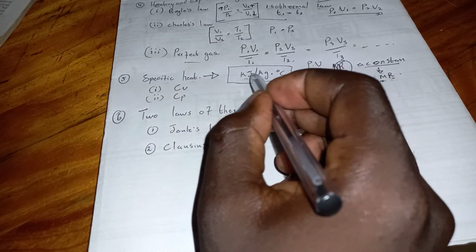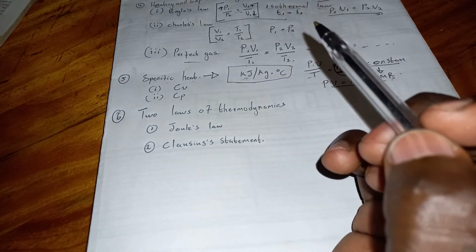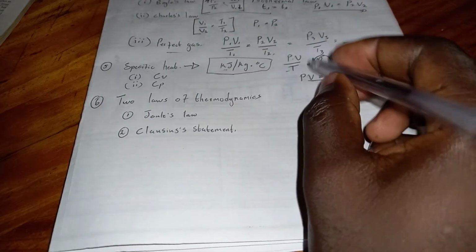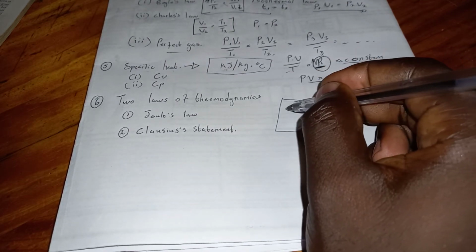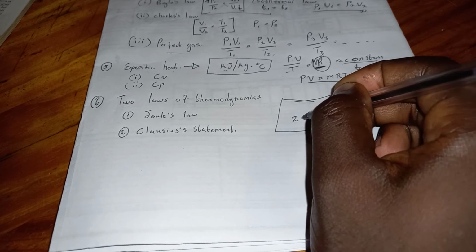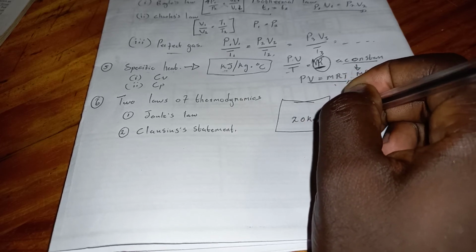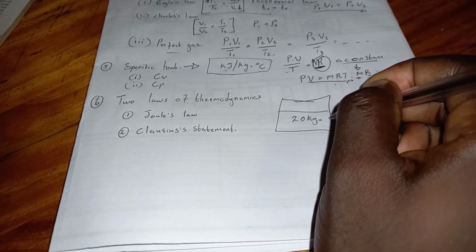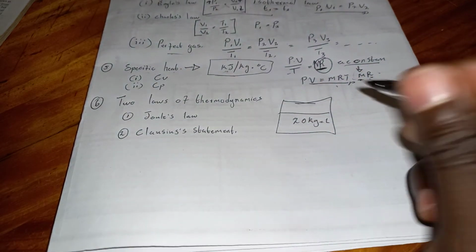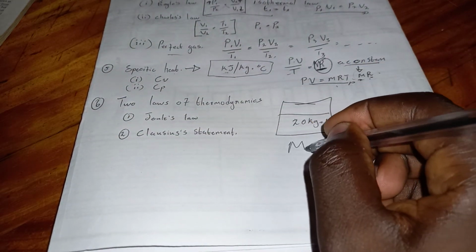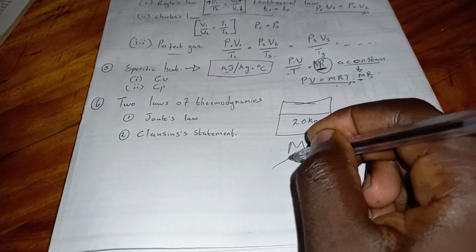Now, if we wanted to heat water, let's say we have 20 kg of water, or 20 liters, and you are applying heat, maybe using firewood.